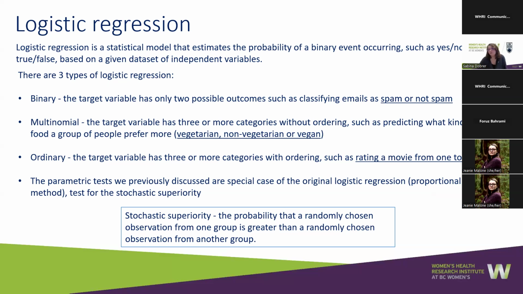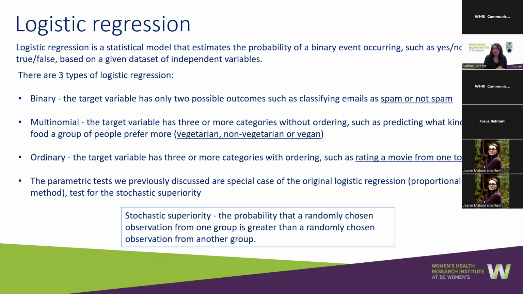Like the rating of movies or any Likert scale, because it's going to rate from 1 to 5, and the higher the rating, the higher the scores they get. So there is meaning of order.